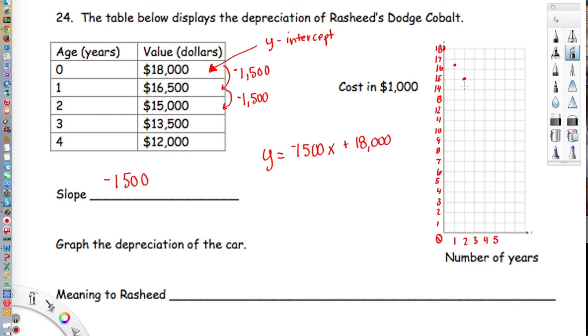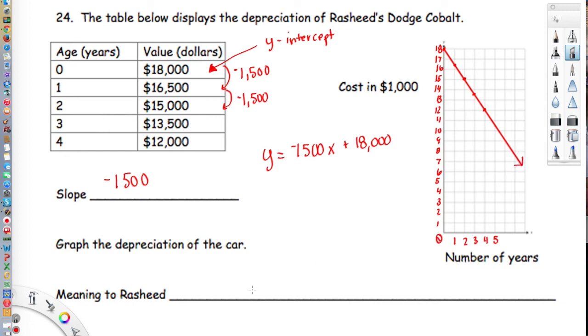And then in 3 years, it's going to go down even more. Down 1,500 will make it $13,500. And in 4 years, this car will only be worth $12,000. And we could continue this line of depreciation for quite a bit, but that gives us a pretty good idea of what's going on here.